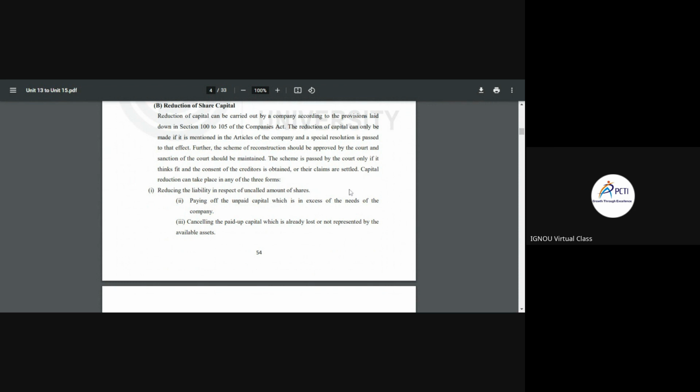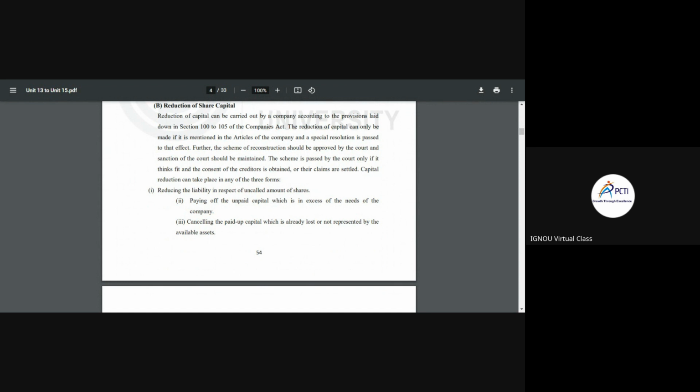Further, the scheme of reconstruction should be approved by the court and the sanction of the court should be obtained, and the scheme is passed by the court only if it thinks fit and the consent of the creditors is obtained or any claims are settled.